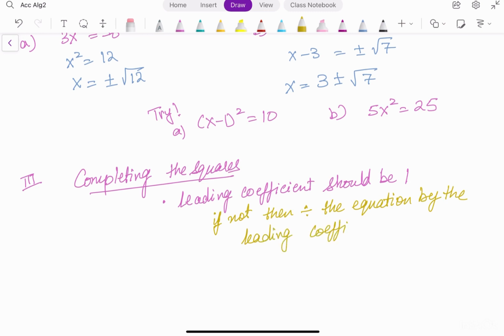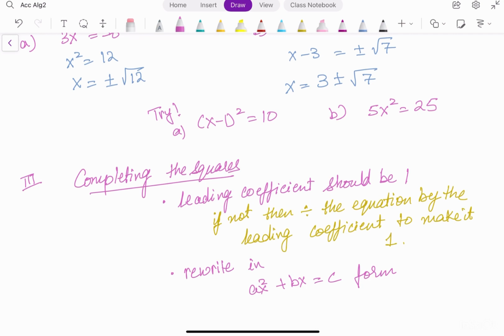Okay, let's write it in the standard form first. Rewrite in ax squared plus bx plus c form, which is nothing but the standard or the general form.